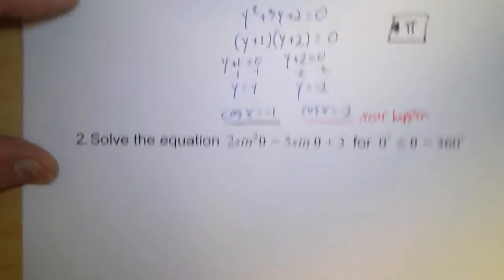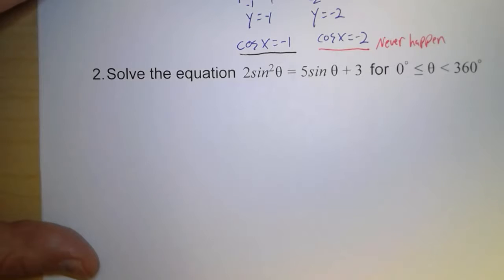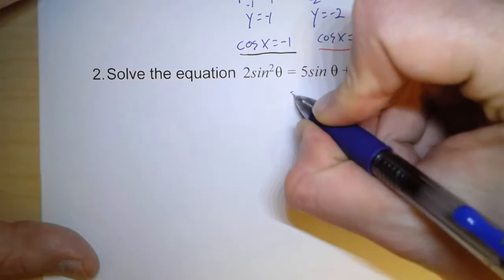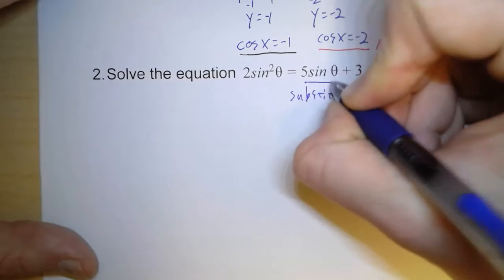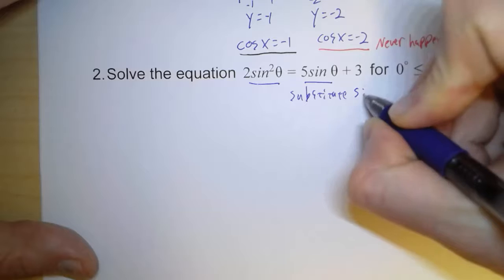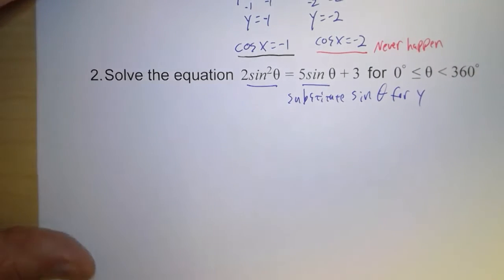All right, so looking on to the next one, here we have another quadratic. So we need to make a substitution again. So we substitute, and here we have sine of theta. Sine of theta, and I'll just use y again.